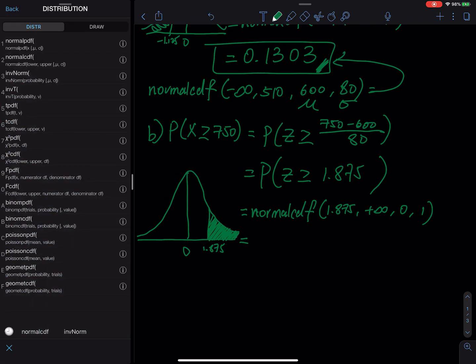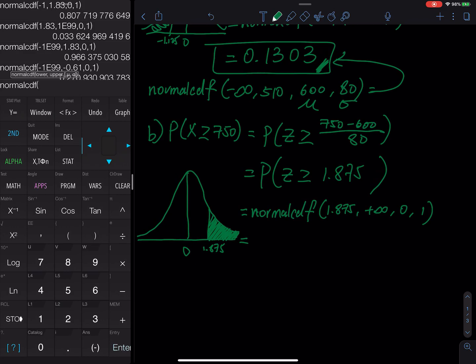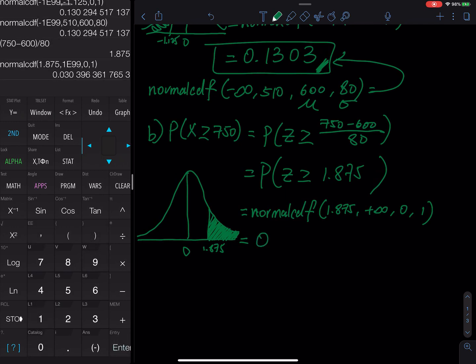Second vars, normal CDF, and then we have 1.875 to positive infinity, 1 second comma to type the E, and then 99, 0, 1. Enter. So that is 0.0304. That is your answer.